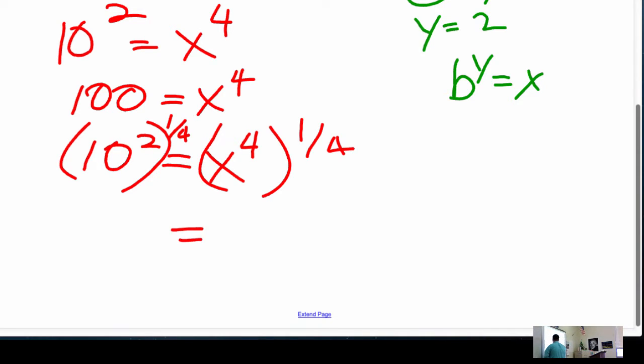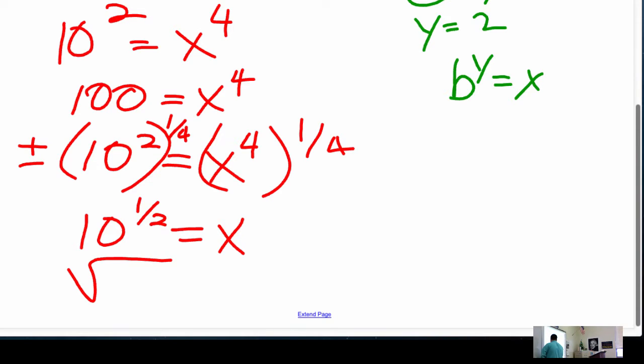And so 4 times 1/4 is just x to the first, and then this becomes 10 to the 1/2. Does that make sense? But remember, we've got to tack on this plus or minus on the outside. Anything to the 1/2 is a square root, so it's plus or minus the square root of 10. Is that what it said in the back of the book?